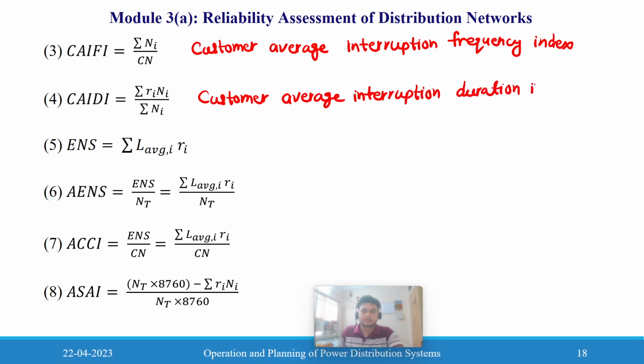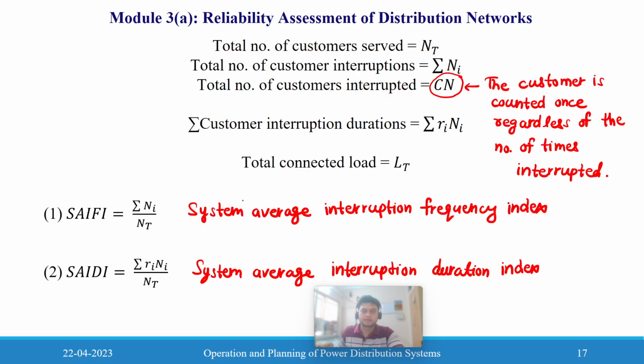ENS means energy not supplied. And Ri, just in the previous term, Ri is what?